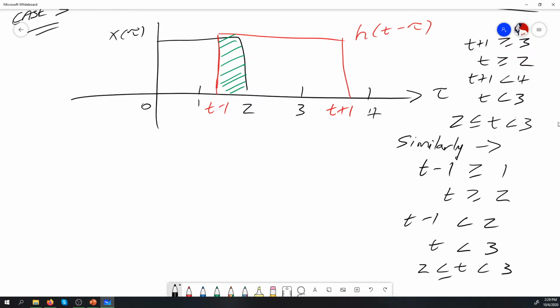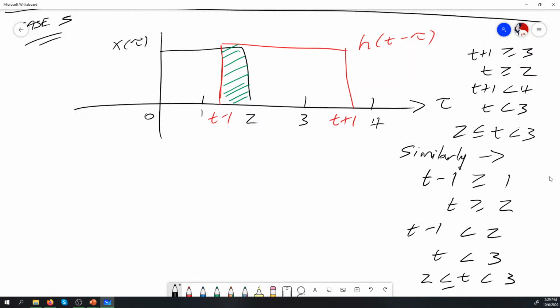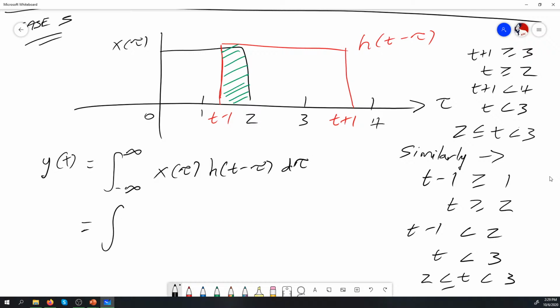So in conducting our convolution integral for case 5, y of t is equal to the integral from negative infinity to positive infinity of x of tau times h of t minus tau. Our integral limits for overlap would be: the uppermost limit will be 2, and our lowest limit will be t minus 1.